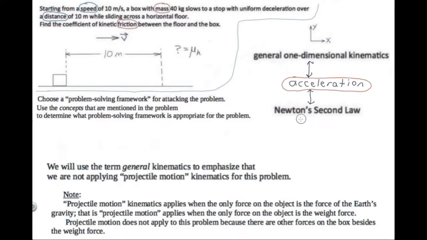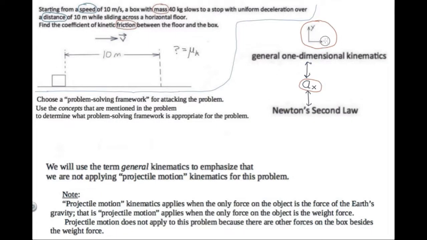But remember that for Newton's second law problems and for kinematics problems, we need to think in terms of components. Let's use these axes. The box is moving horizontally in the x component. So for this problem, we will apply kinematics only to the x component. So for this problem, the connecting link between kinematics and Newton's second law will be a sub x.